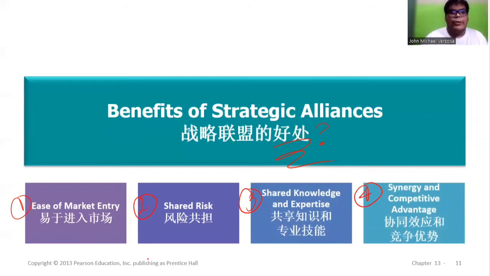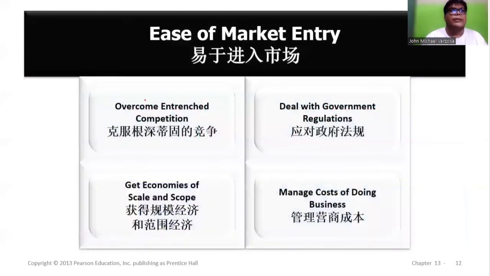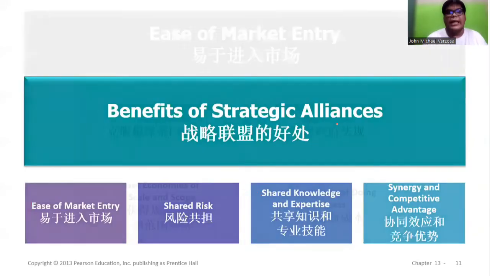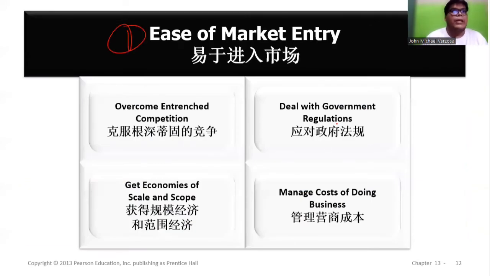So the first is ease of market entry. Okay, so when you do strategic alliances, these are the benefits of doing so. First, you overcome entrenched competition. It's easier to have an alliance rather than compete on your own.